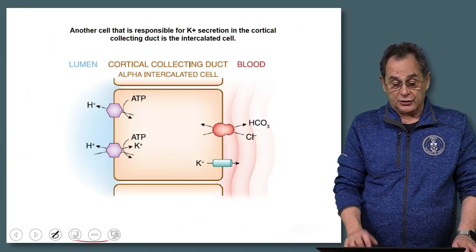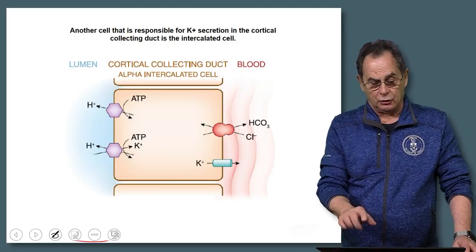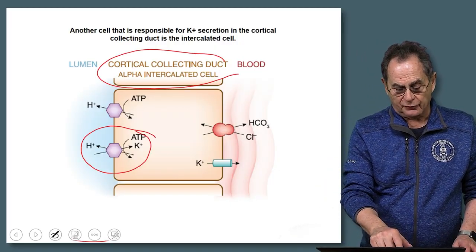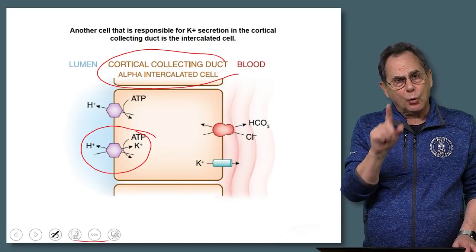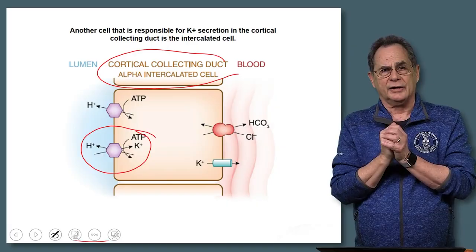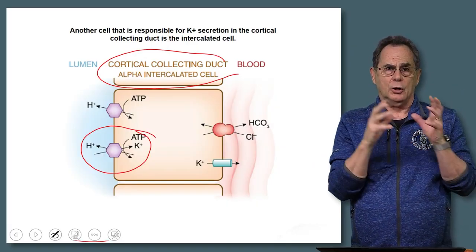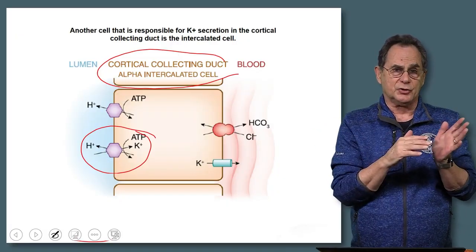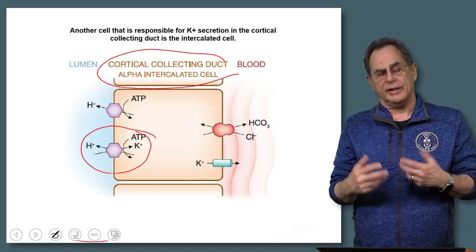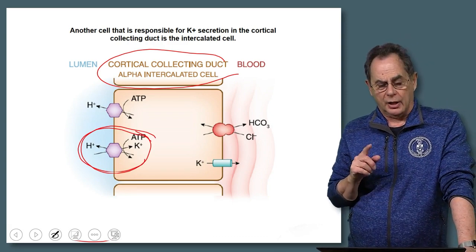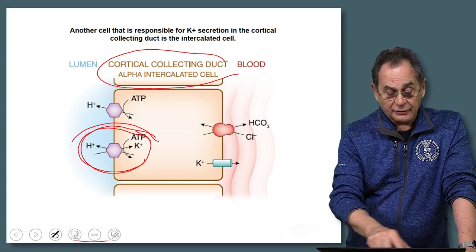There are other cells, and we'll come to these cells in the next lecture, which are the alpha intercalated cells, and these cells are responsible for secreting hydrogen ions. So I just point out the two major populations of cells in the cortical collecting duct: the principal cells, which are predominantly responsible for potassium secretion, and the intercalated cells, which play a key role in the secretion of hydrogen ion, which is an active process.